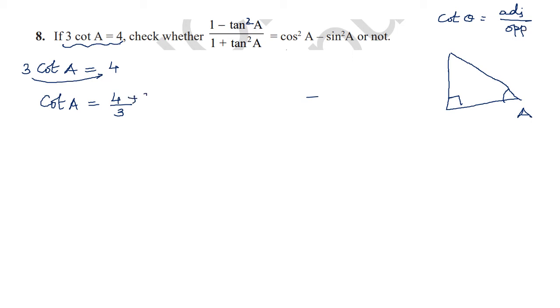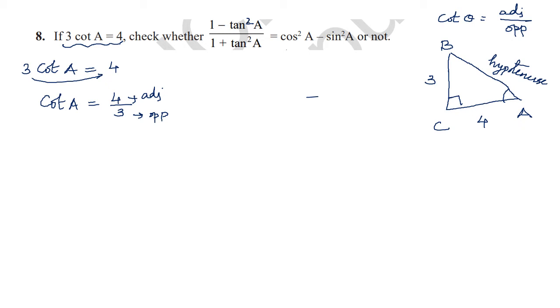So this is adjacent and 3 is opposite. For A, this is the opposite side, so here it is 3. Now what is the adjacent side? The adjacent side is 4 here. So we can name it as ABC. This is our hypotenuse, opposite to 90 degrees.